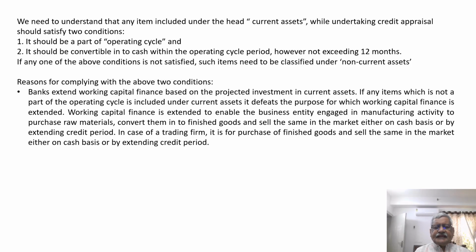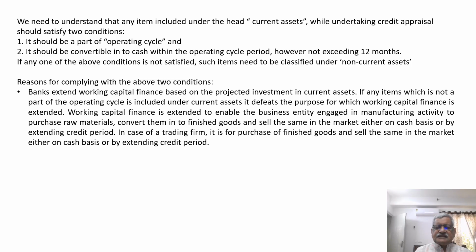Banks extend working capital finance based on the projected investment in current assets. If any item which is not a part of the operating cycle is included under current assets, it defeats the purpose for which working capital finance is extended.